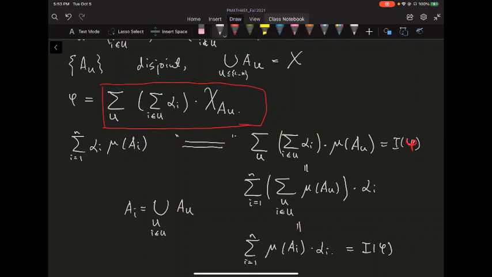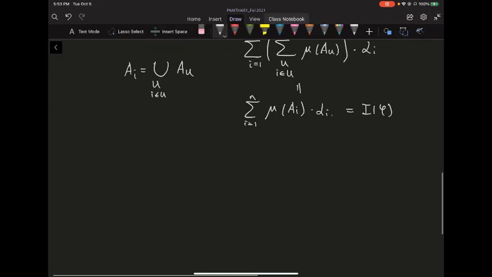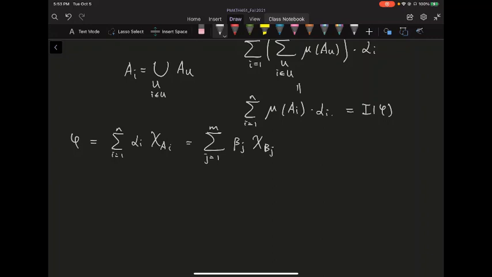So now let's try to prove that if you start from two such things, then they actually give you the same I value. Suppose I have phi equals the summation of alpha_i chi of A_i, let's say i going from 1 to n, and suppose it's also equal to the summation j going from 1 to m of beta_j chi of B_j.